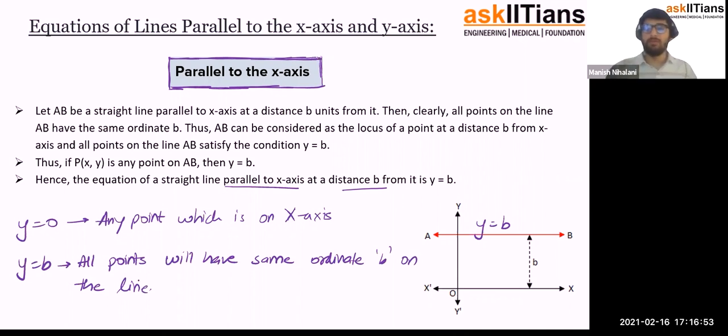Now if this line was below the x-axis, you would have said y is equal to minus b in that case, where b is just a positive real number, right?